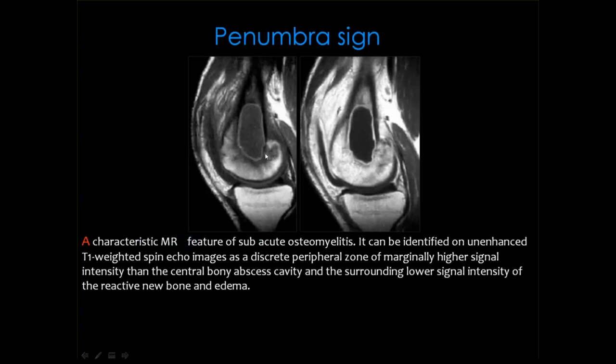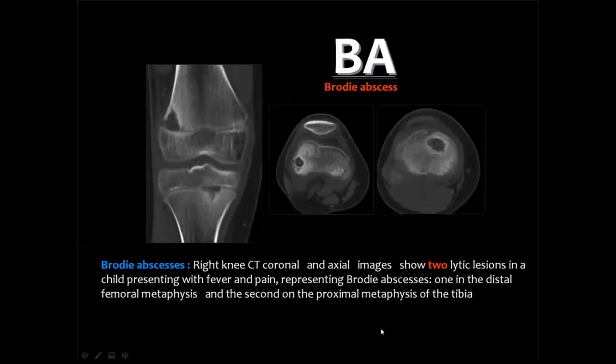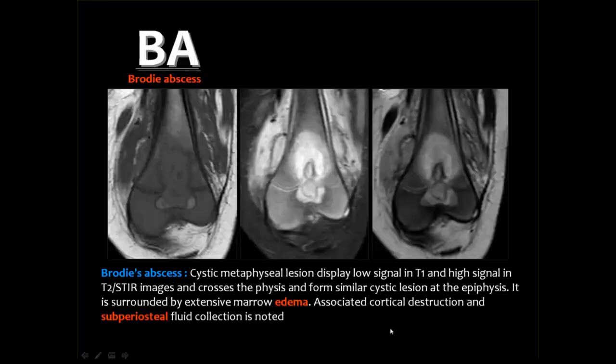And you can see here, this is what we mean by the penumbra sign, where you get an abscess inside the distal part of the femur, and in the T1 before contrast injection, you get this bright signal in the T1 weighted image. And these are two Brodie abscesses, one in the distal part of the femoral metaphysis, and the other in the proximal part of the tibial metaphysis.